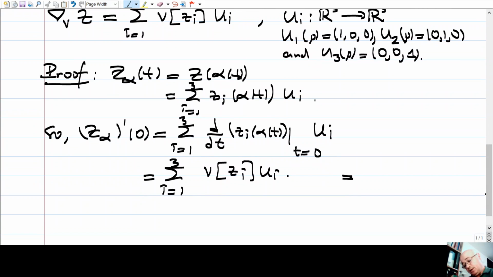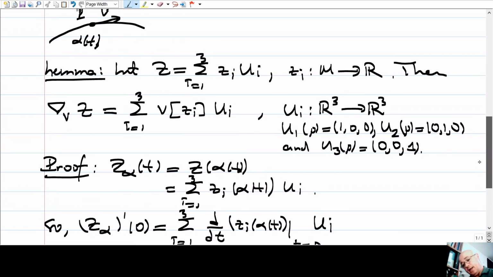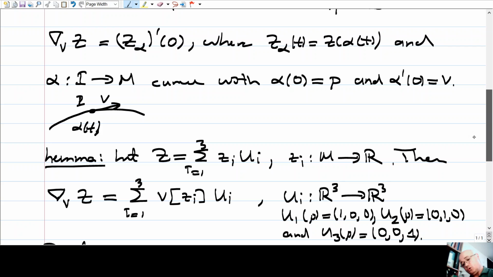Well, this is a very easy lemma, but it also shows the following. Here we defined the covariant derivative this way. So we use this auxiliary curve alpha. We would like to define the derivative of Z along the vector v, but we make use of a curve alpha. For this to be well defined, of course, we know that this object should be independent of the choice of alpha.